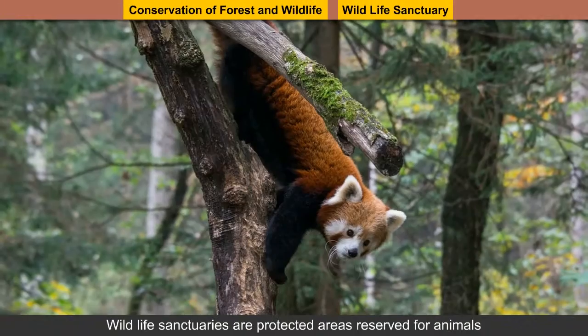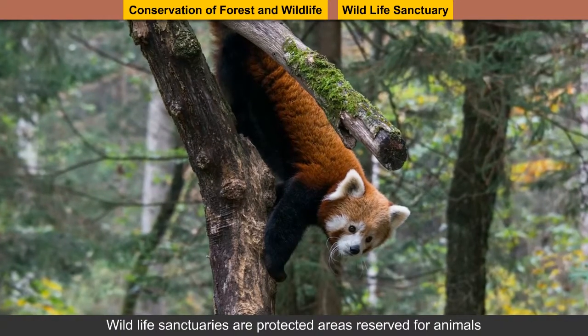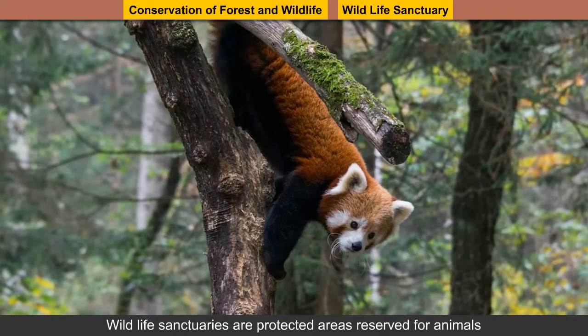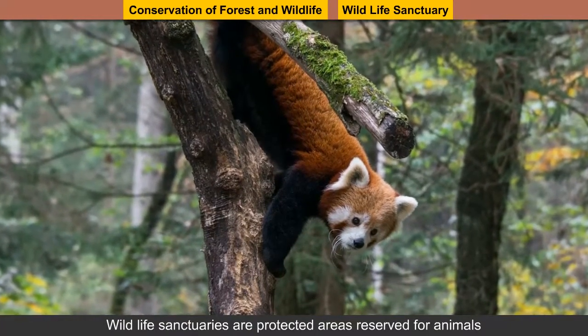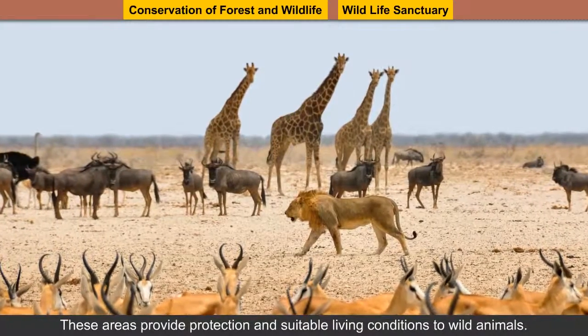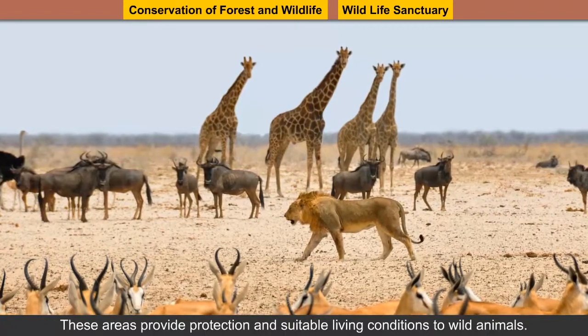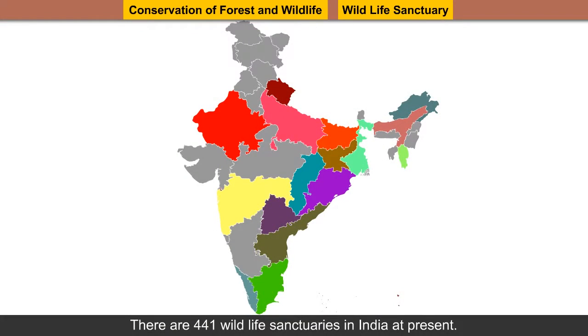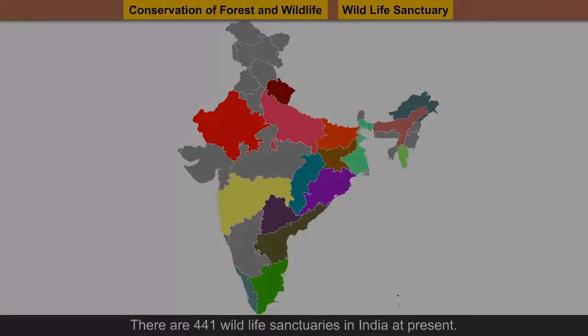Wildlife Sanctuary. Wildlife sanctuaries are protected areas reserved for animals to freely use their habitats and natural resources. These areas provide protection and suitable living conditions to wild animals. There are 441 wildlife sanctuaries in India at present.